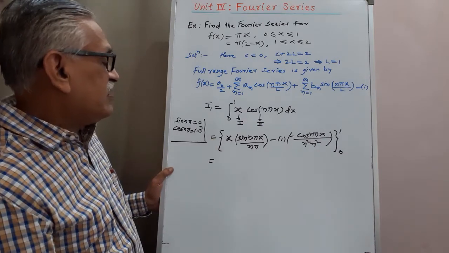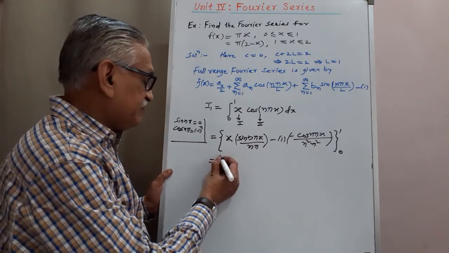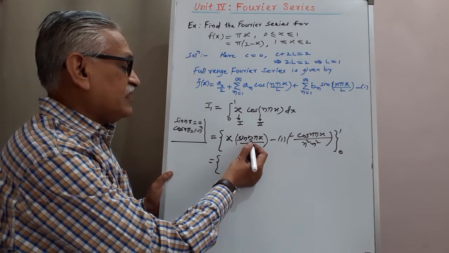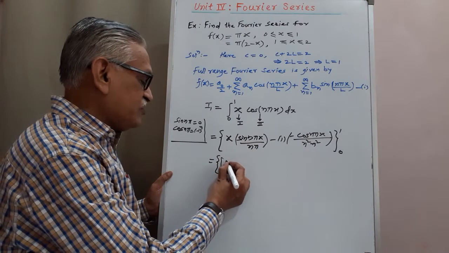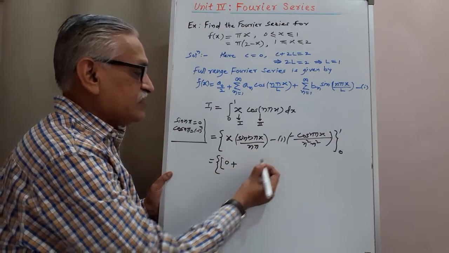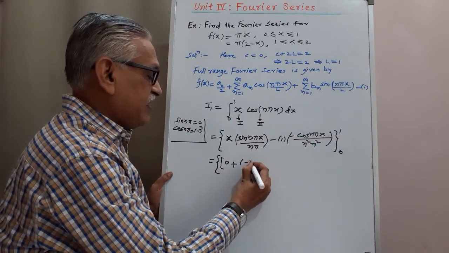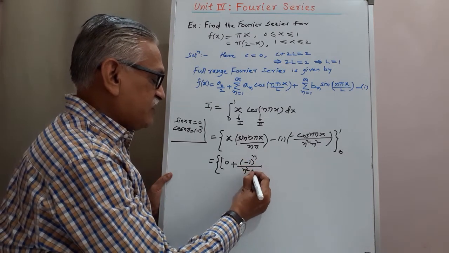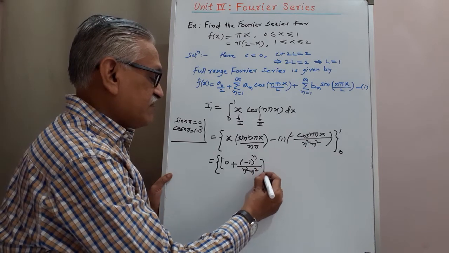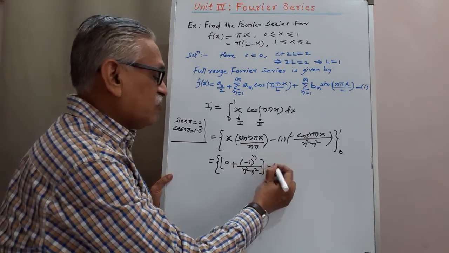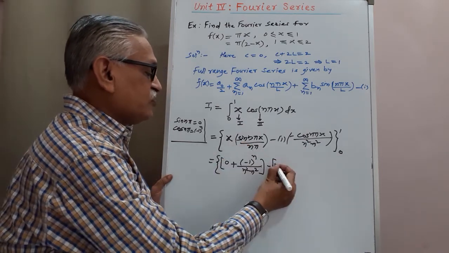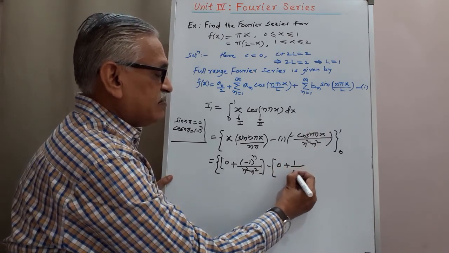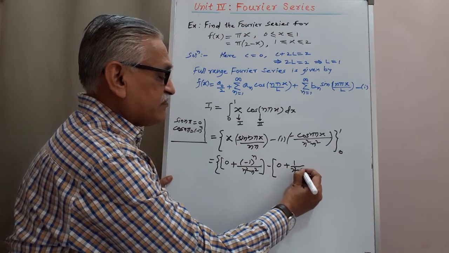Using these values, sin n pi becomes 0, therefore the first term is 0, minus minus becomes plus, cos n pi, minus 1 raised to n upon n square pi square, minus the lower limit, x is 0, cos 0 is 1, over n square pi square.